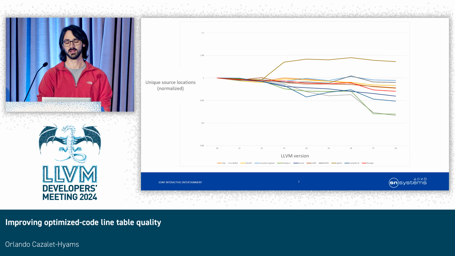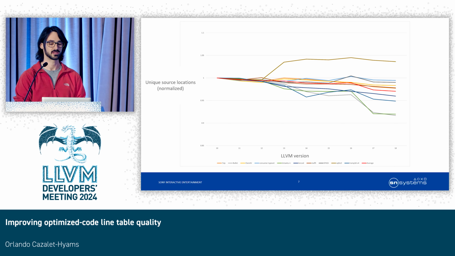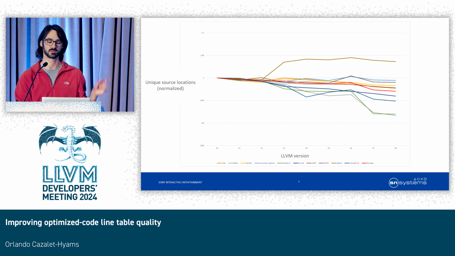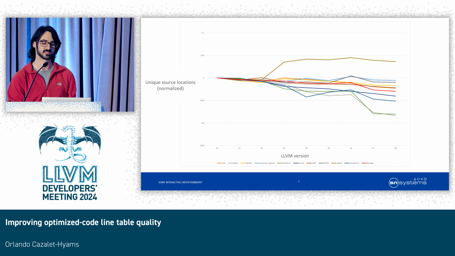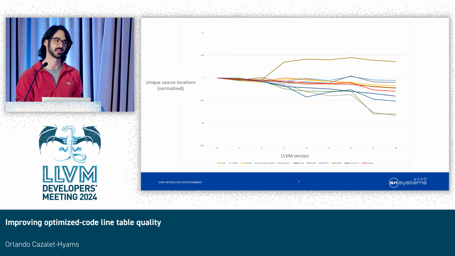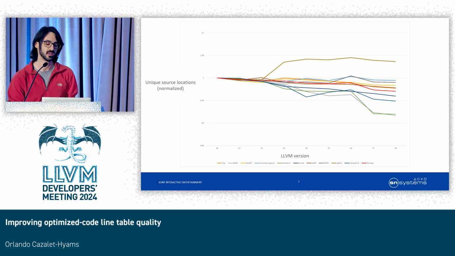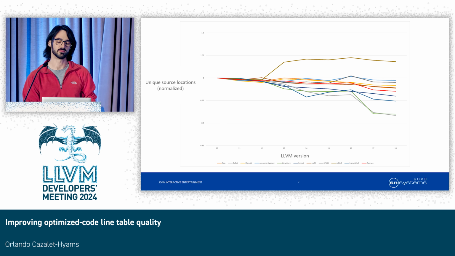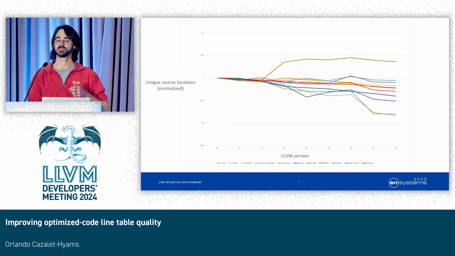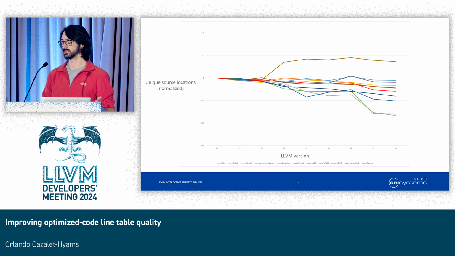Here's a graph. It shows you unique source locations in optimized CTMark binaries over LLVM versions. There's a bright red line in the middle. That's the average. And you can see that we're tending towards fewer unique source locations over LLVM versions. And that could be the result of more aggressive optimizations in newer versions, or it could be the result of new optimizations failing to update debug info correctly.